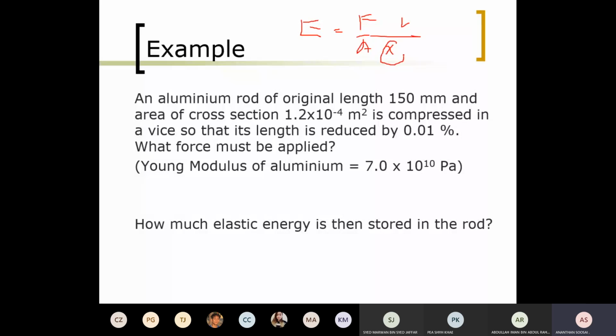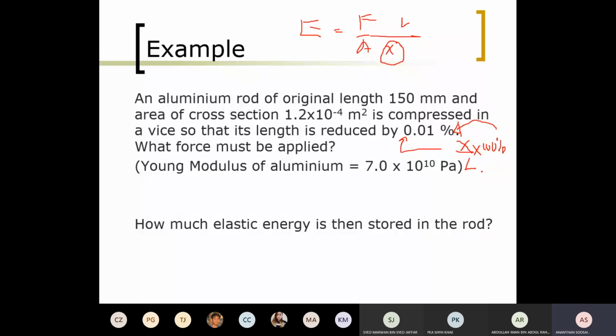This could be extension or compression, it works the same way. So the length is reduced by 0.01%. How do they give percent? This 0.01% is X over original length times 100%.